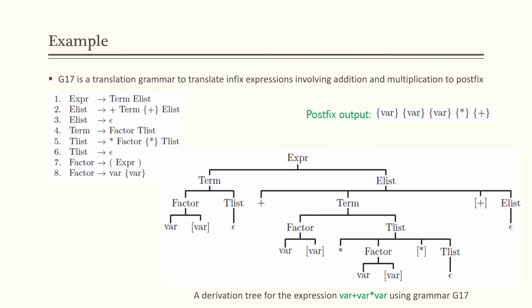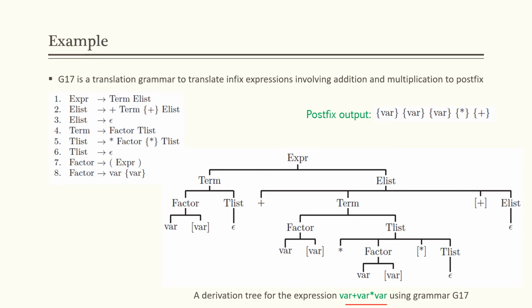And so this is our G17, the translation grammar. Okay, we want to be able to do a derivation tree for the expression var plus var multiplied by var. So this is the output that we want from this translation grammar.